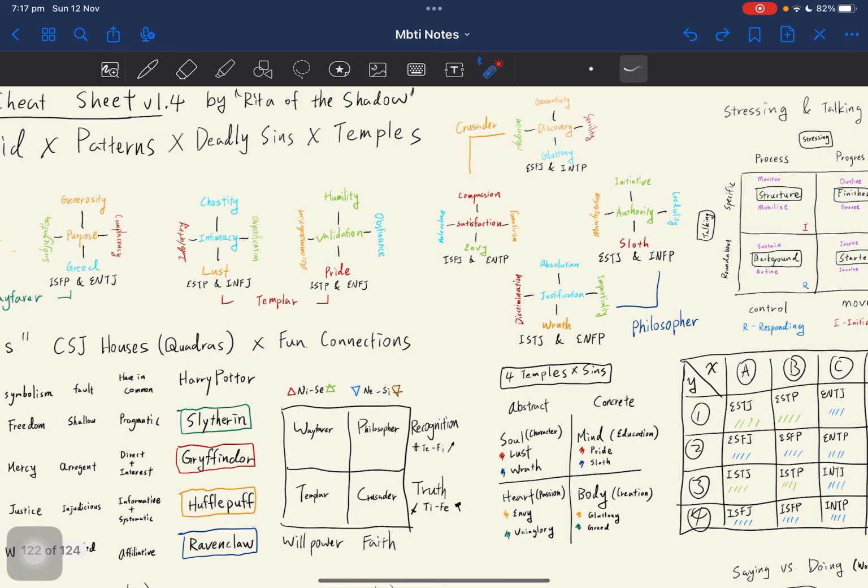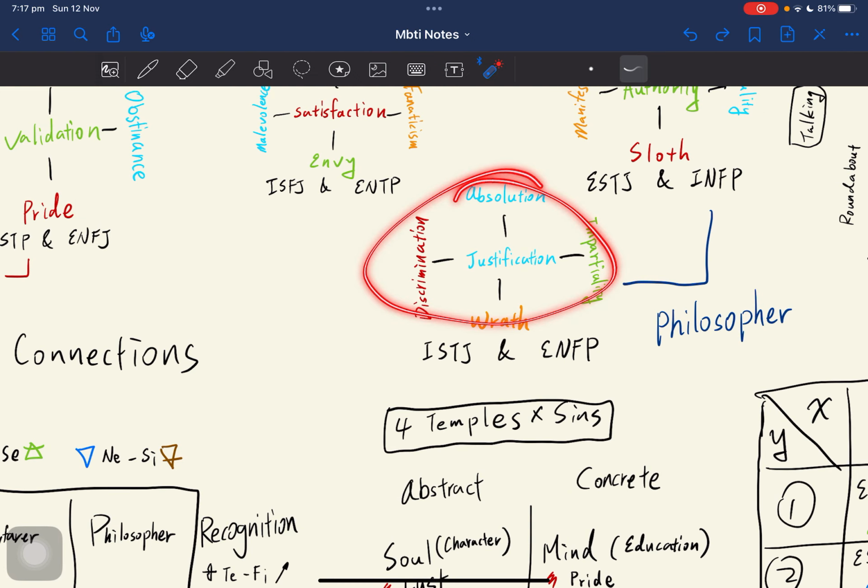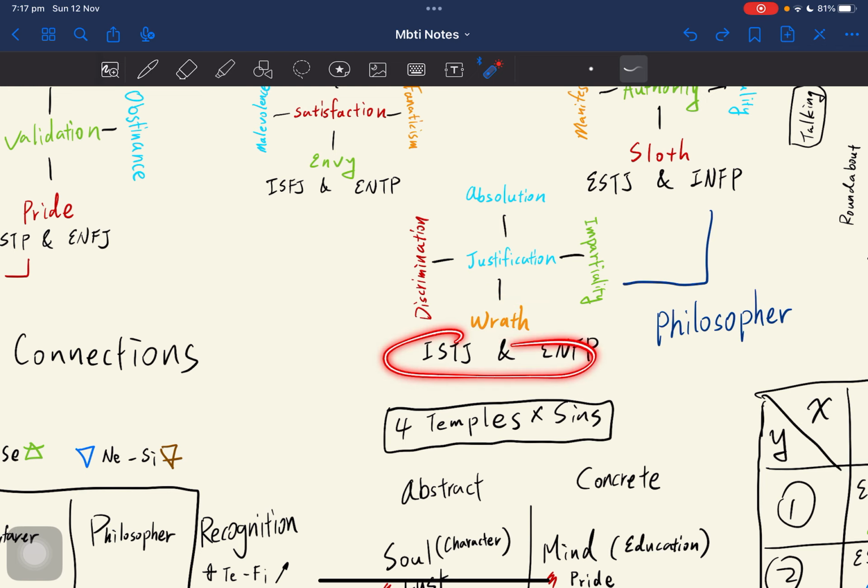ISTJ also has that deadly thing, and I won't go into what this one particularly means yet, but just know that this one is important, this one is important, and this one is important.